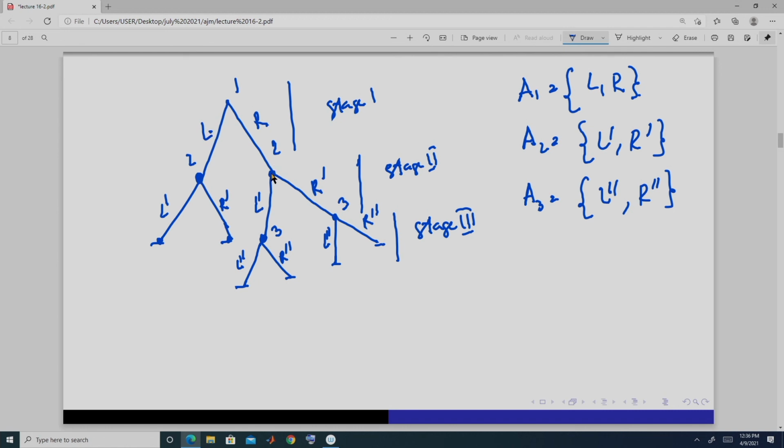When player 2 is making a decision here, it knows the action of player 1. Again, player 3 knows the action of player 1 and also knows the action of player 2.